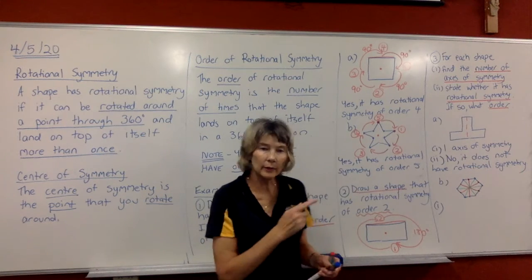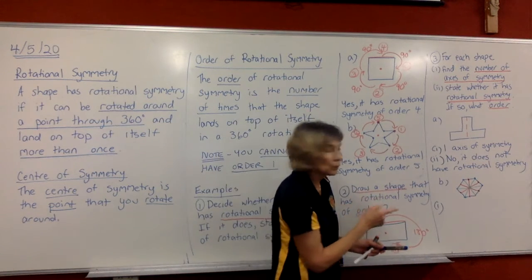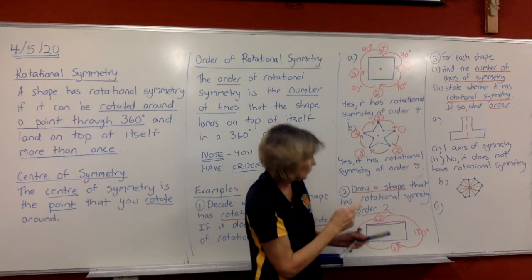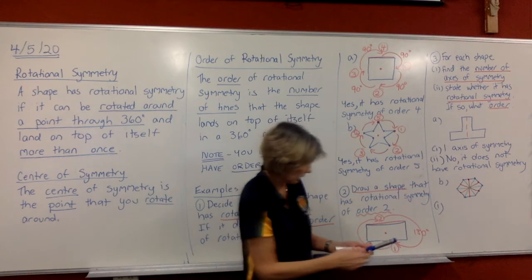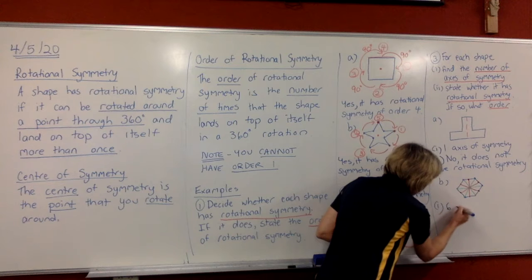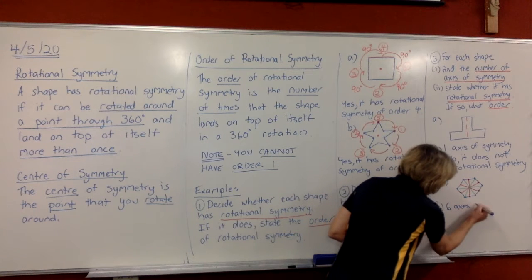Okay, so if we count the red ones, we've got 3 lines there. If we count the green ones, we've got another 3 lines. So we've got 6 axes of symmetry.